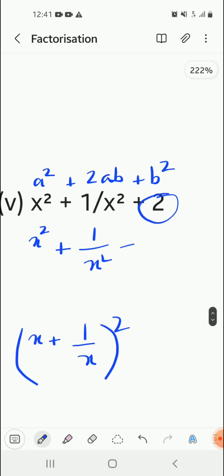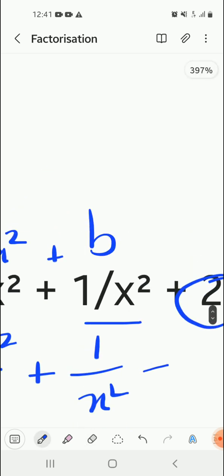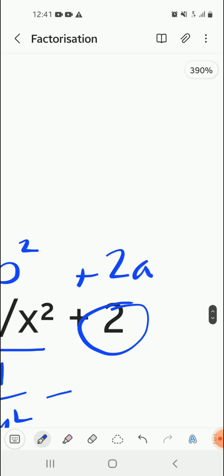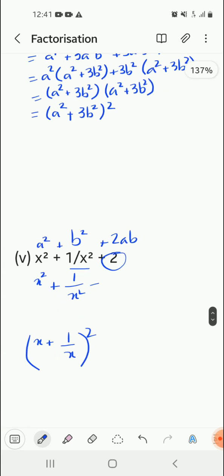See, over here this must be 1 by x because this is just written the other way around. Over here, if you write it in this manner, that this is b square plus 2ab, then it would be the answer. See, over here b square is 1 by x whole square, which means this is 1 by x.